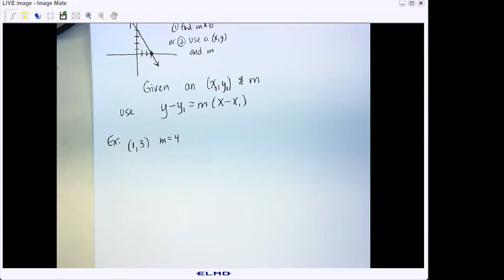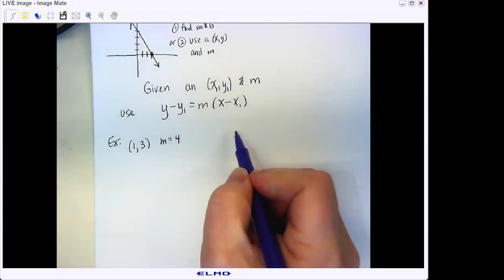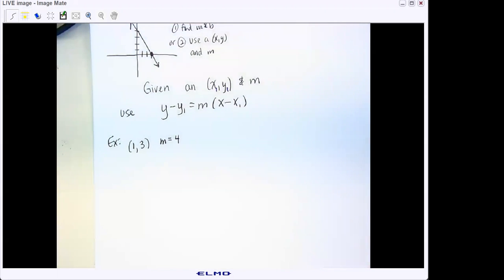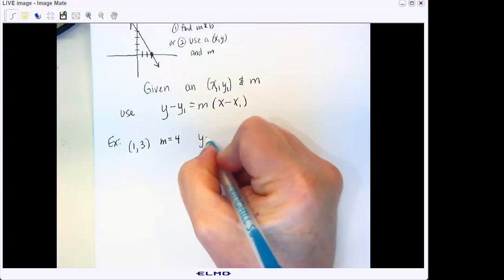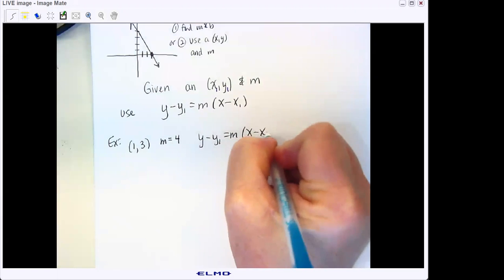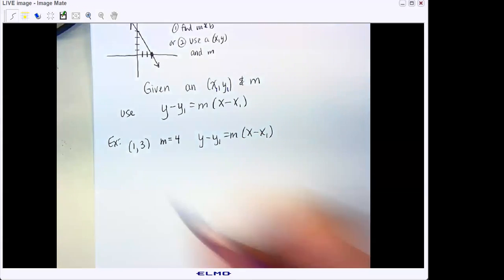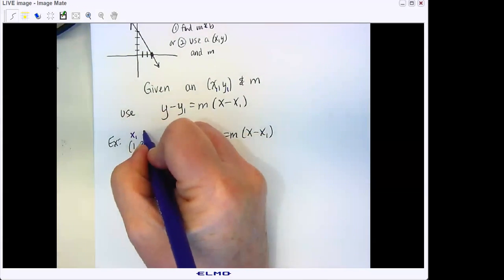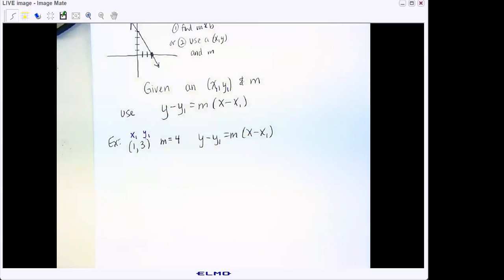Okay, so when I use this formula, y minus y1 equals m times x minus x1, this is my x1 and my y1. So I'm going to have you plug in everything you see.